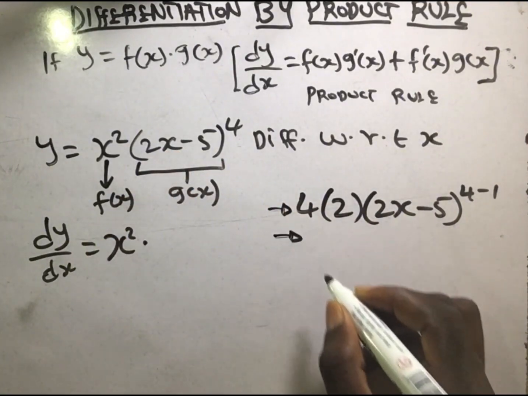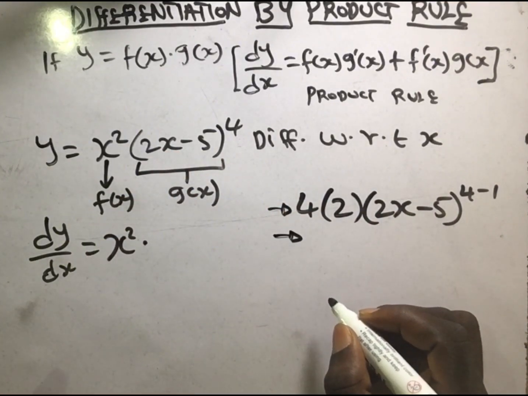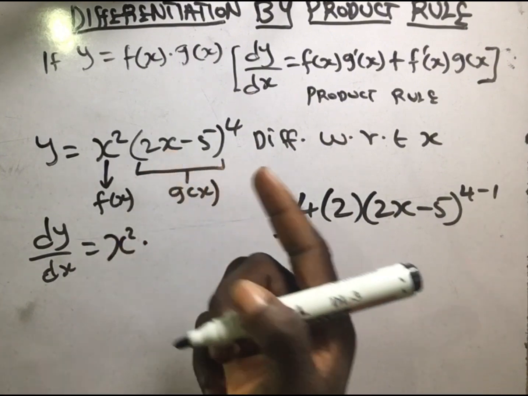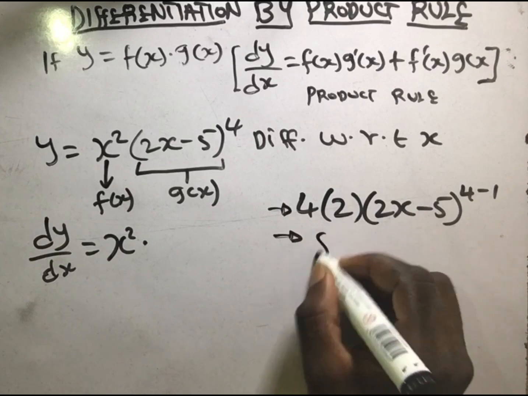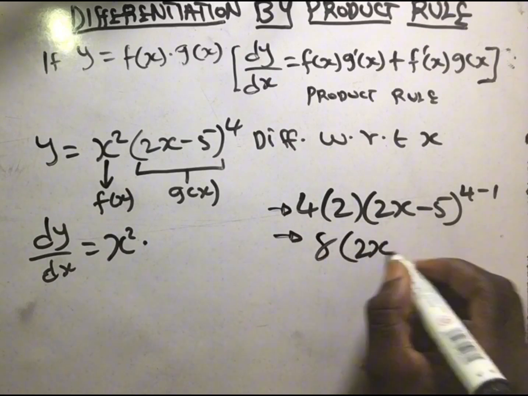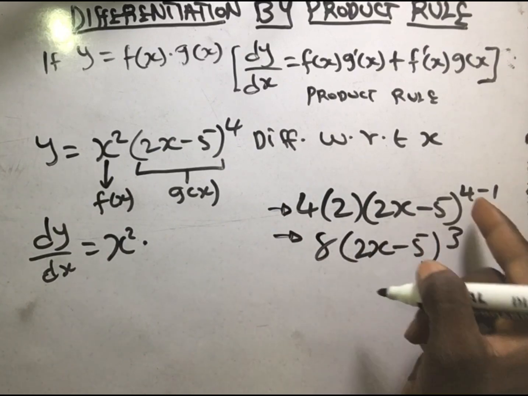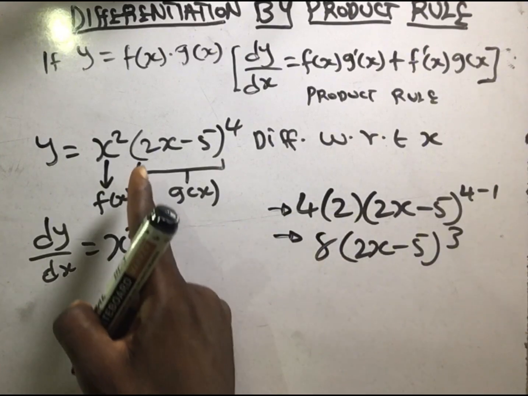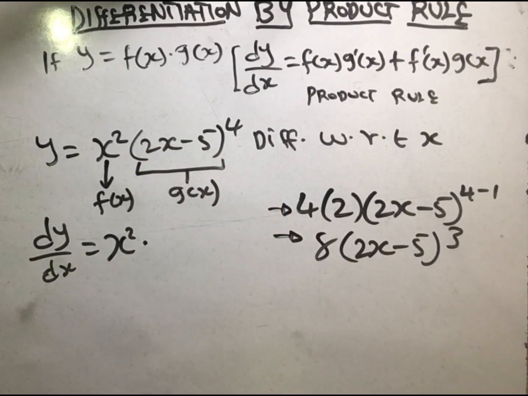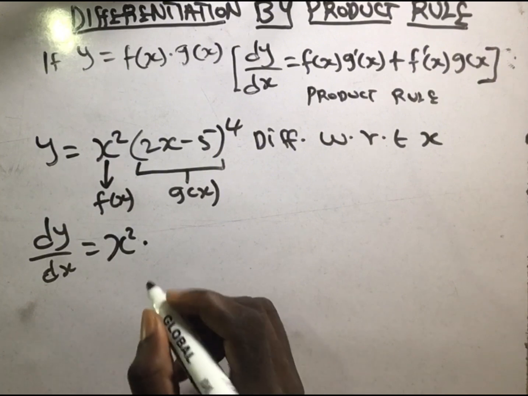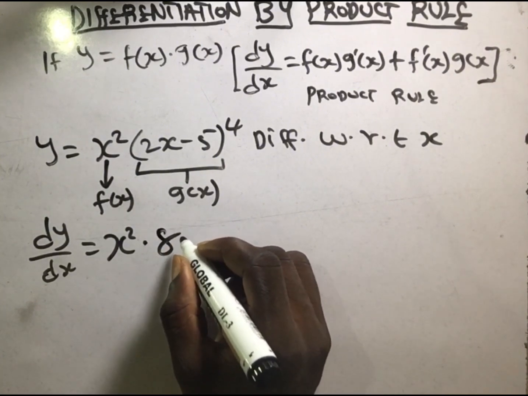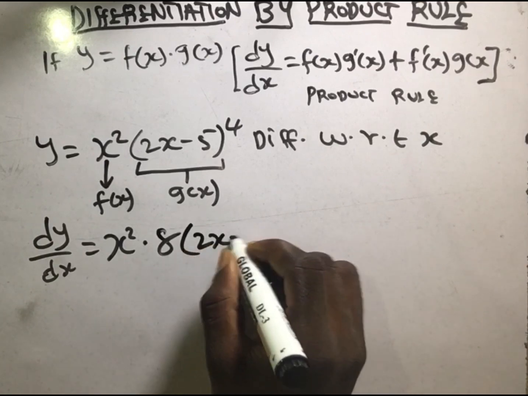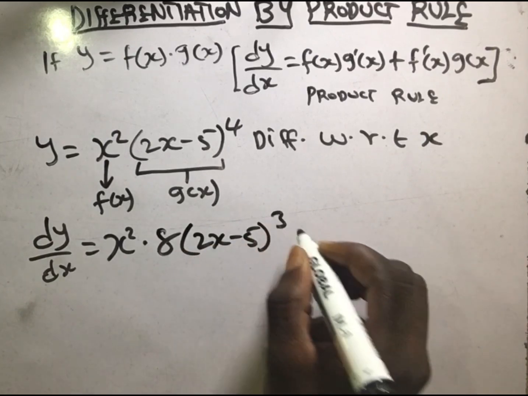And meanwhile, you use chain rule when you have a function inside of another function. So what you have here is actually 8, open bracket, 2x minus 5, to the power of 3. 4 minus 1 is 3. So if we differentiate this, this is what we're going to get, right? Differentiating that, we have 8, open bracket, 2x minus 5, to the power of 3.